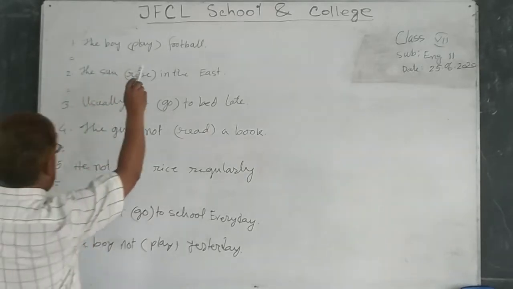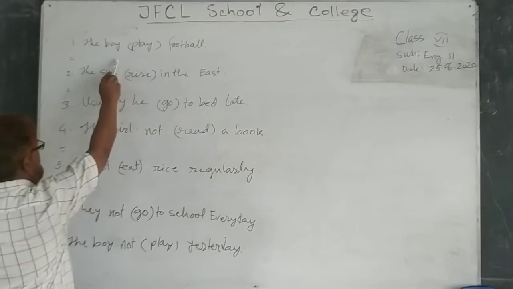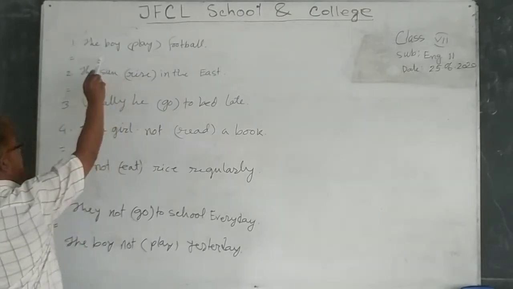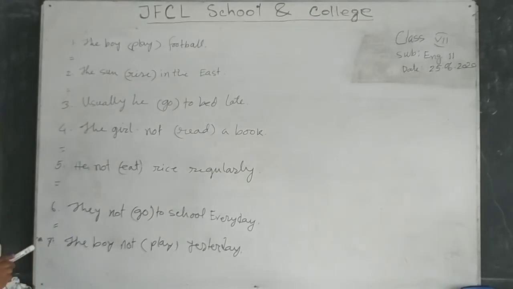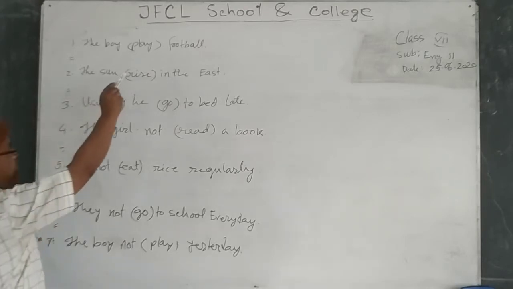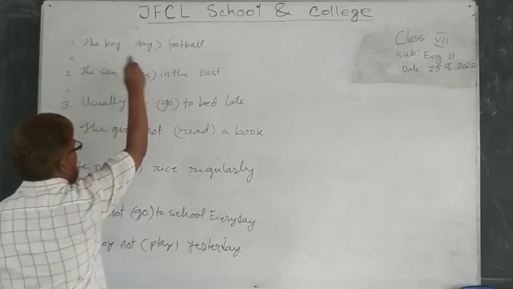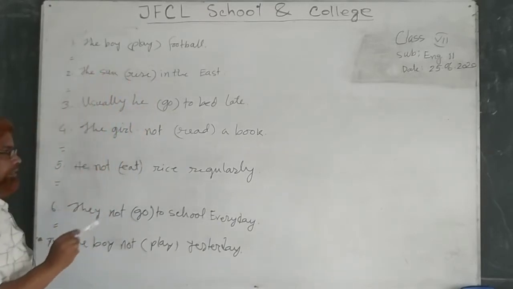So, according to the rule, you know that the boy is third person singular number. So, you use S or es with the verb play.